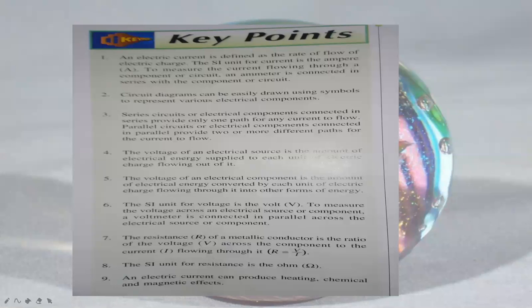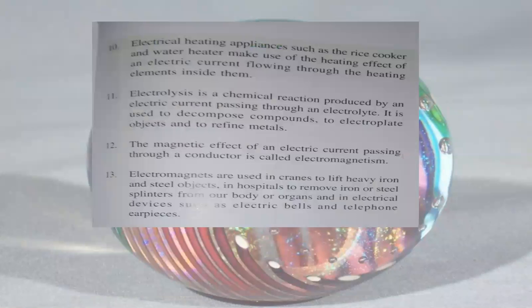And the next is the magnetic effect. Whenever something like soft iron is covered with wire and an electric current is steadily passed through it, a magnetic field is created. And this magnetic field can be utilized for many purposes.